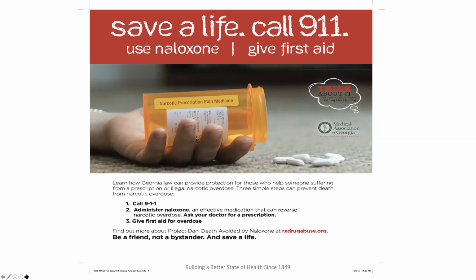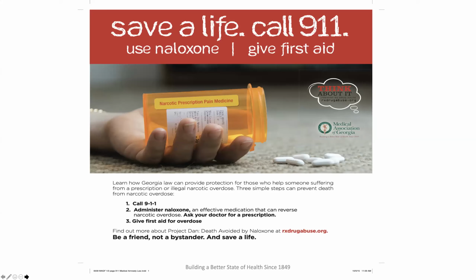This is a program that I'm very proud of that I helped the Medical Association of Georgia put together. Medical associations in various states have the same thing. But the first thing I tell people to do if you suspect an overdose is call 911, because they've got the equipment, the expertise, and the medications, and it may take more than one dose.